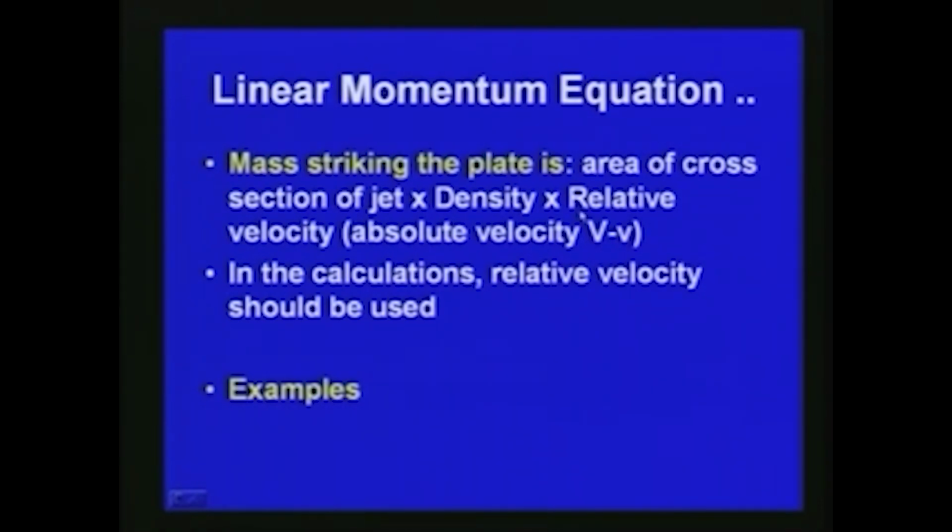So, the mass striking the plate per unit time is Q equal to area of cross section times rho times (V minus small v), the velocity of the jet minus the velocity of the plate or the vane we consider. So, in the calculation the relative velocity should be used. With reference to this we will be discussing a few examples.